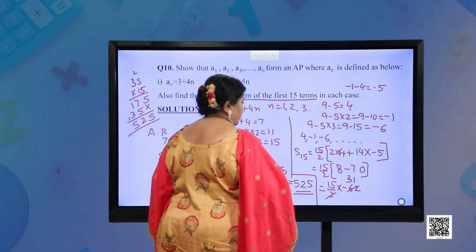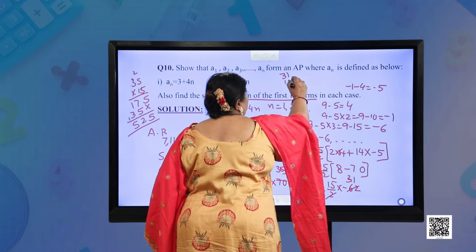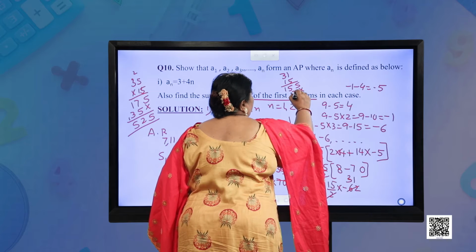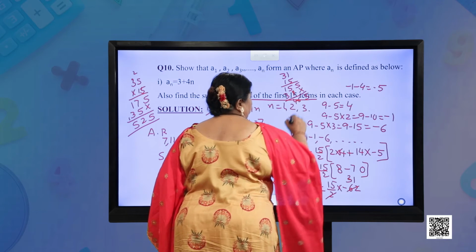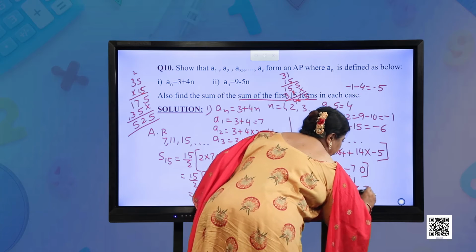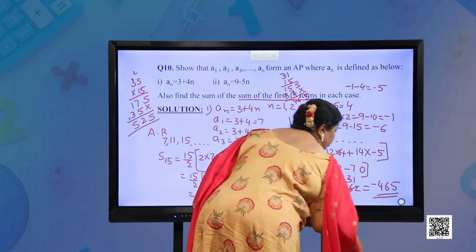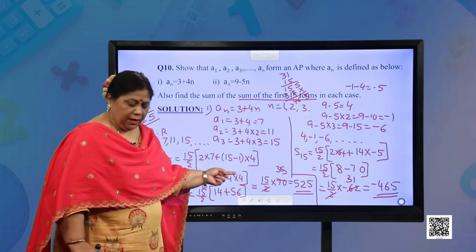What is 31 into 15? 3 5s are 15, 1 and 3. So, I get 5, 6, 4. Yes, 465 with a minus sign. So, minus 465 is the sum of 15 terms of the given AP.